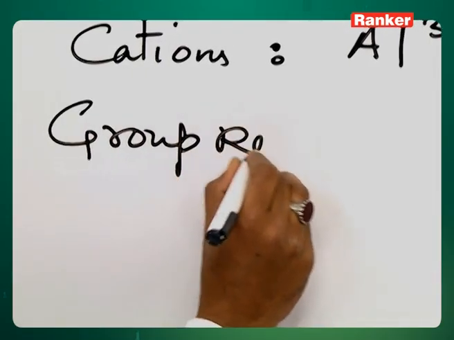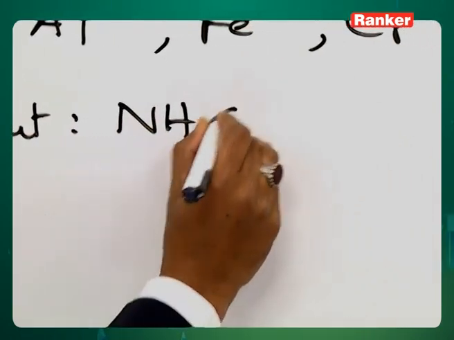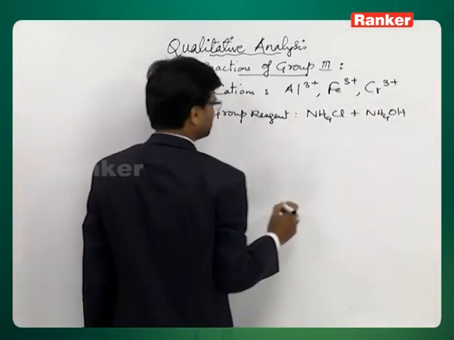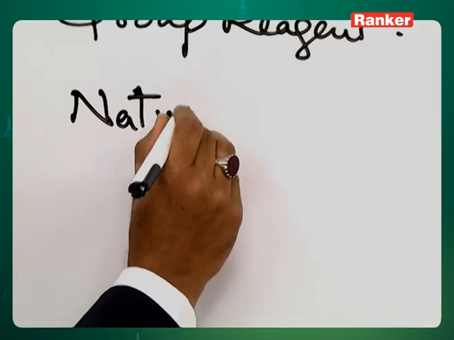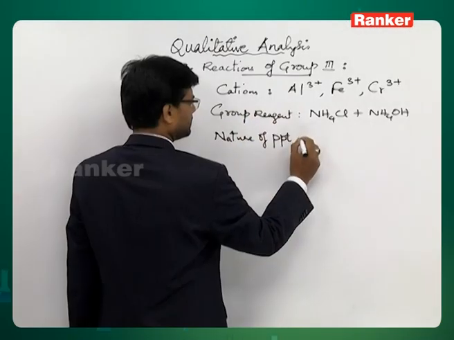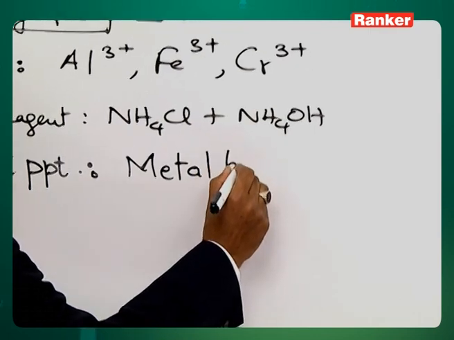Group reagent is NH4Cl, ammonium chloride, and NH4OH, ammonium hydroxide. The nature of precipitate: here you get metal hydroxide.